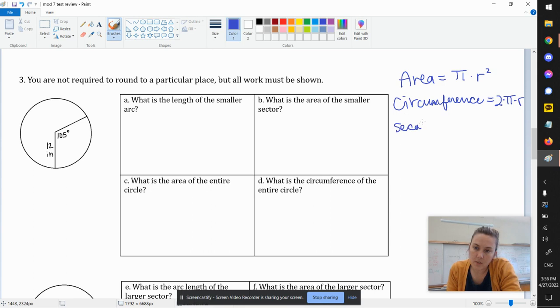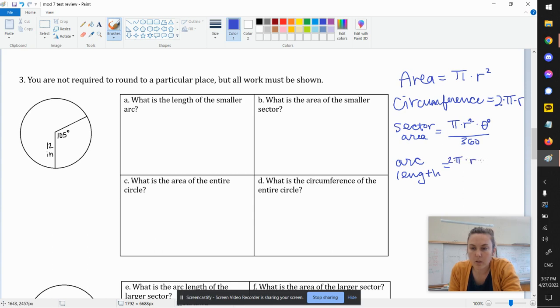We're going to use that the sector area is pi r squared times the angle in degrees divided by 360. We're going to use that the arc length, not the arc measure, the arc length is 2 pi r times theta in degrees divided by 360. And these are things we should memorize.